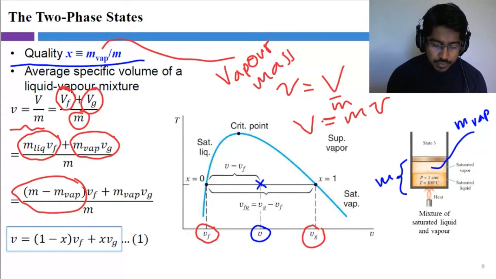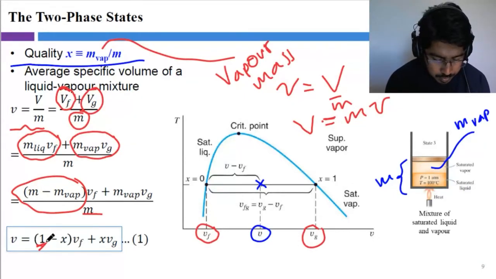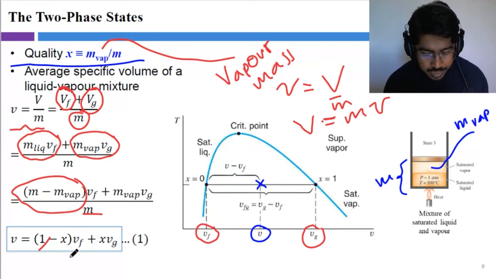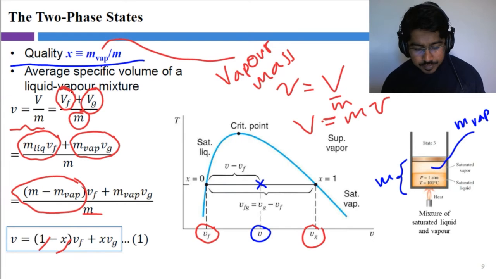And then we divide the entire equation by m, as m is below. Then m divided by m becomes 1, and m vapor divided by m, according to the definition of x, becomes x. And again we have m vapor divided by m, it becomes x, right?